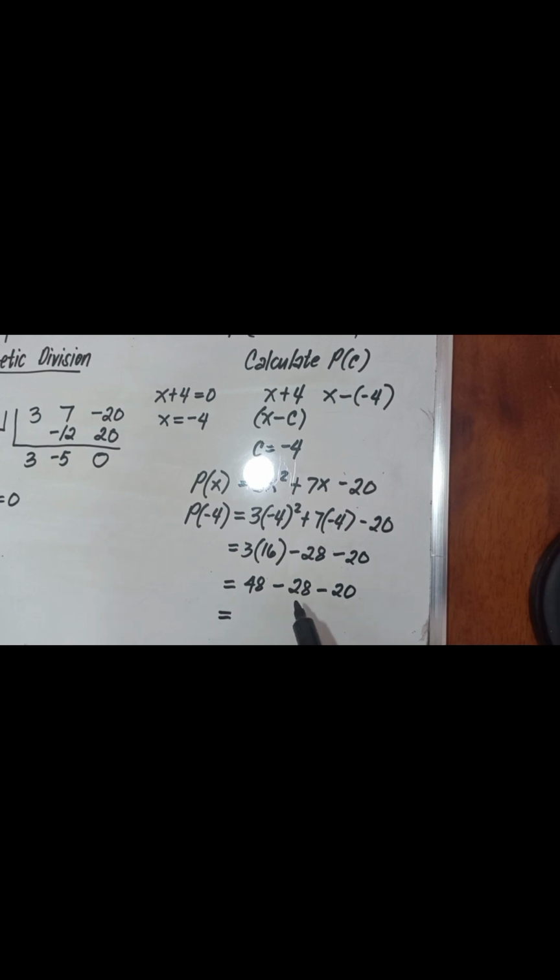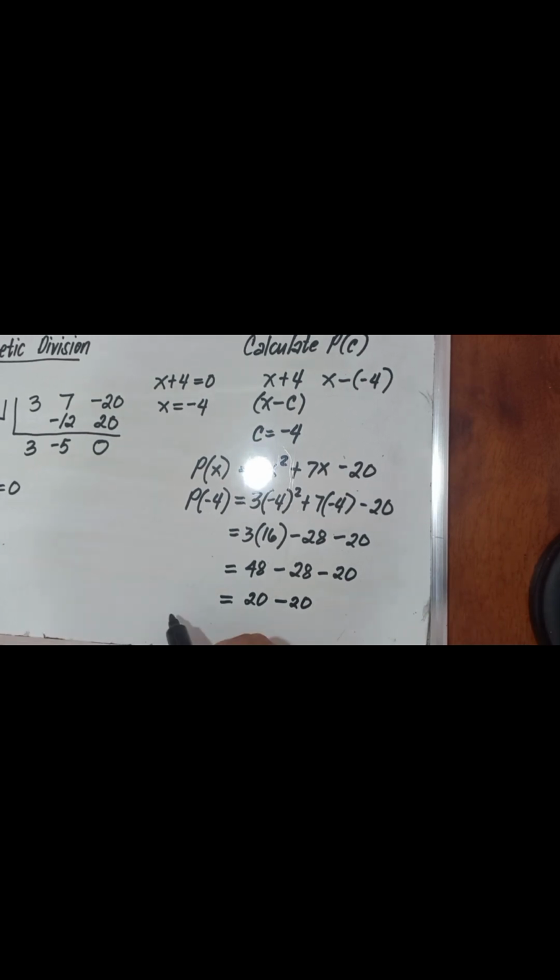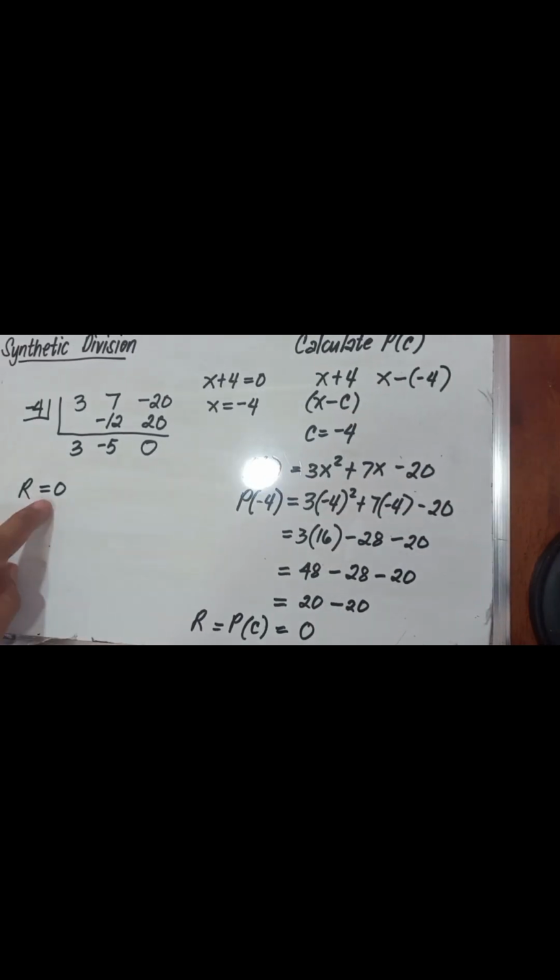So 48 minus 28 is 20, minus 20. So our remainder, or P of c, take note, P of c and the remainder are just the same. That is now equal to 0. So the same answer as with synthetic division.